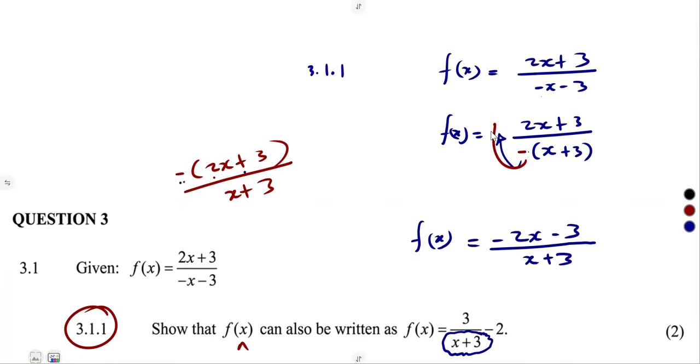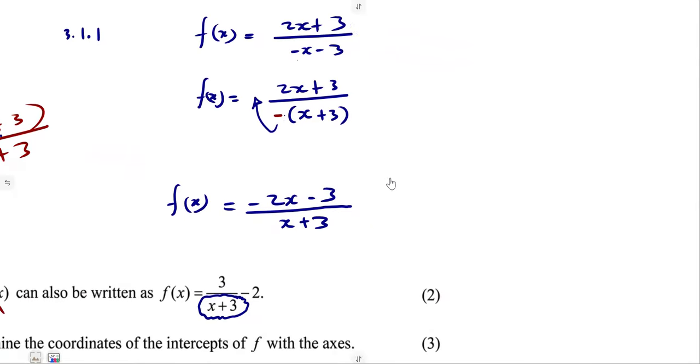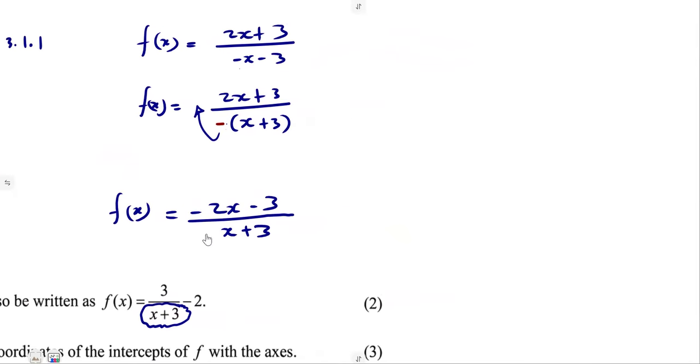We took the negative up, remember? But when we took it up, it affects every term. Using long division, some of you guys are used to this. Anyway, that you understand, you still have your answer there. Let us just use long division. It's easier to apply this, guys, because you simply have to divide by x plus 3.